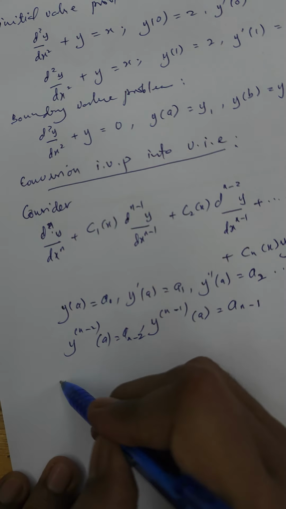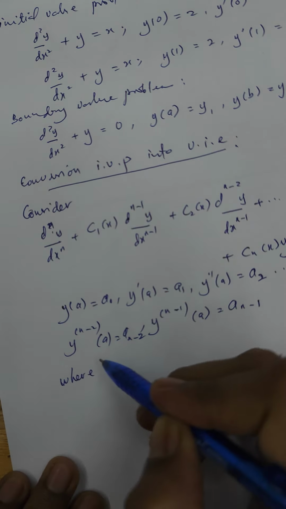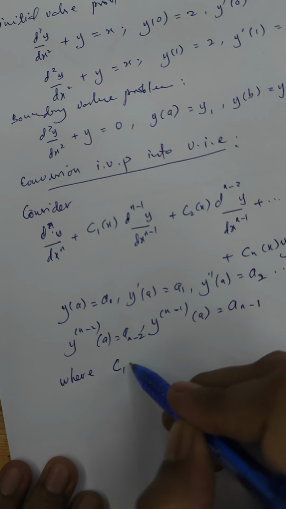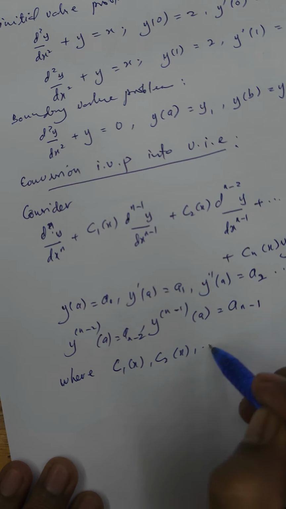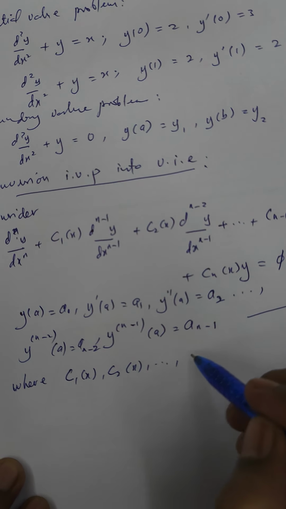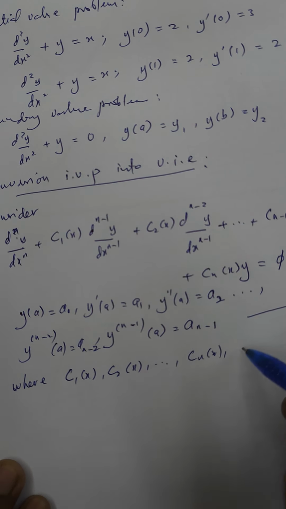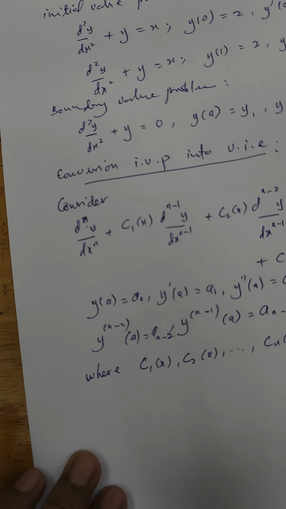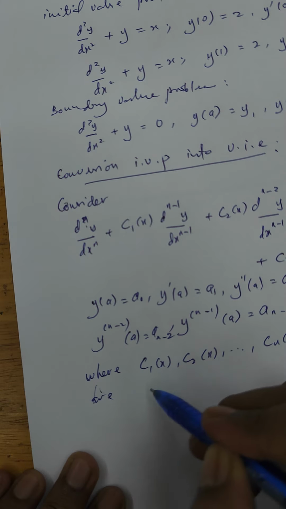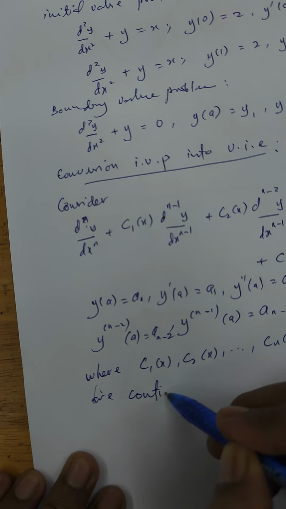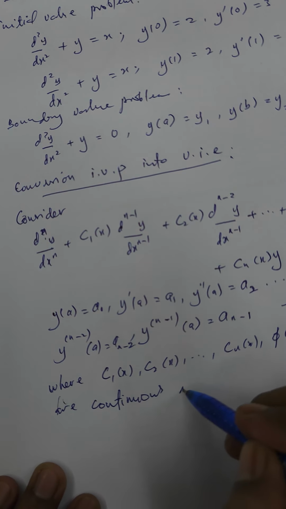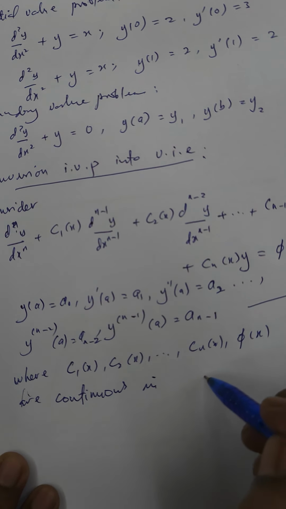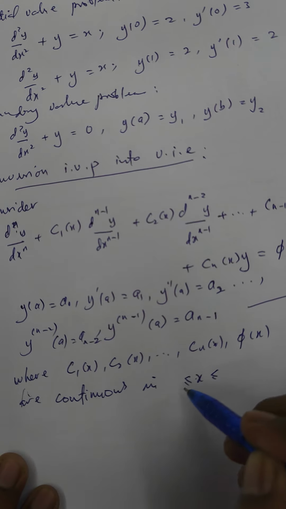Here the functions c1(x), c2(x), ..., cn(x), and phi(x) itself are continuous in the interval x between a and b.